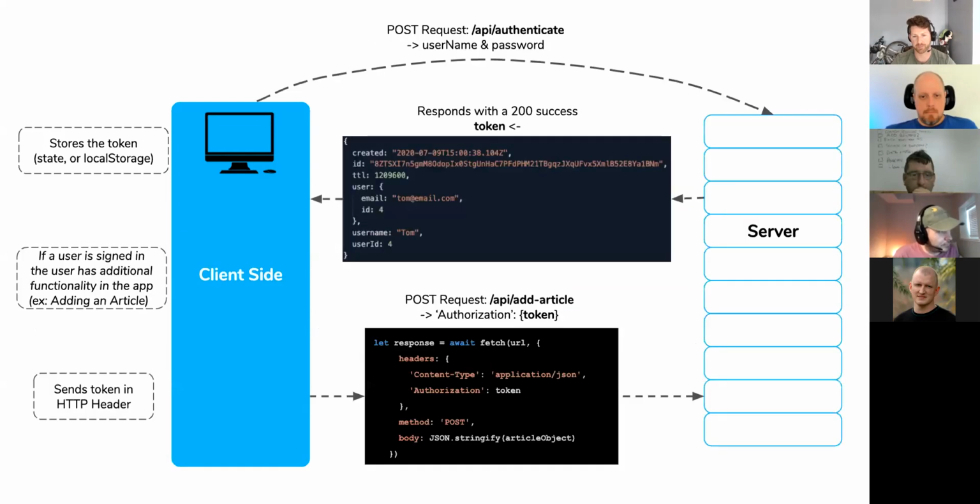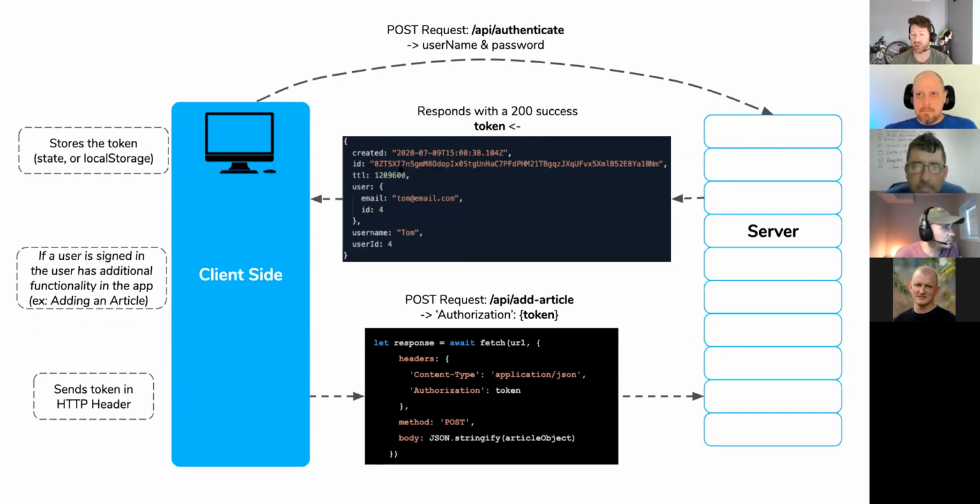All right. So when a client tries to authenticate or logs in and sends their username and password to the server, the server responds with a 200 success if the user exists. And this is what the server responds back with in our app. This is specific to new site 6. In different applications, it can look different, but it has a created date or created at time.